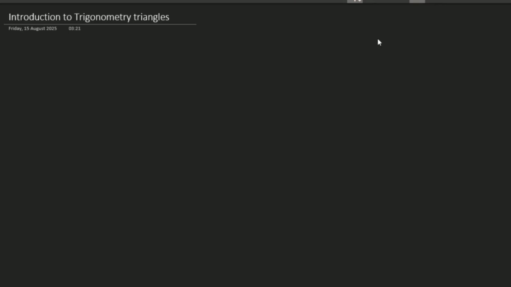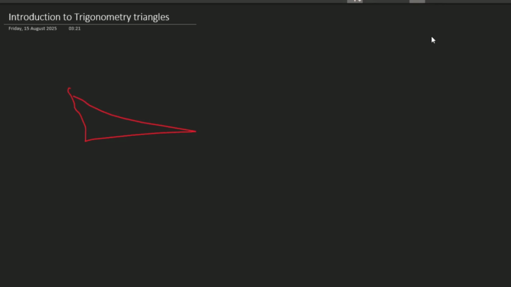What we want to cover today is just basic rules of trigonometry when it comes to triangles. Okay, so the easiest thing to remember is our right-angled triangle.